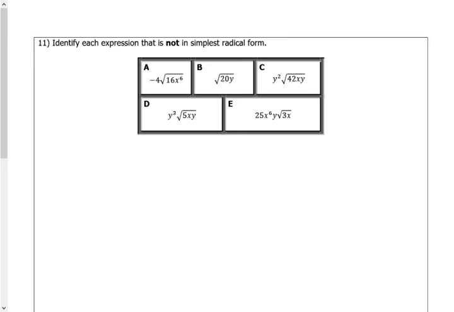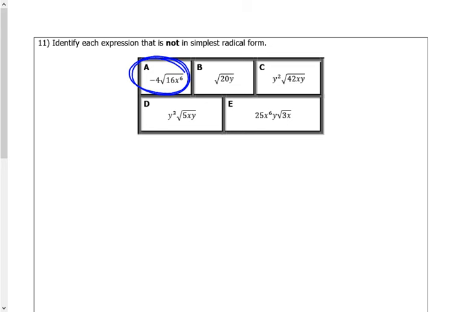Okay, speaking of simplest form, we've seen this question numerous times so far this year now. What we want to identify, ones that are not in simplest form. So I'm looking for ones that could be broken down more. So the easiest one to spot is right here, because x to the 6th divides by 2, and then I can cancel out.